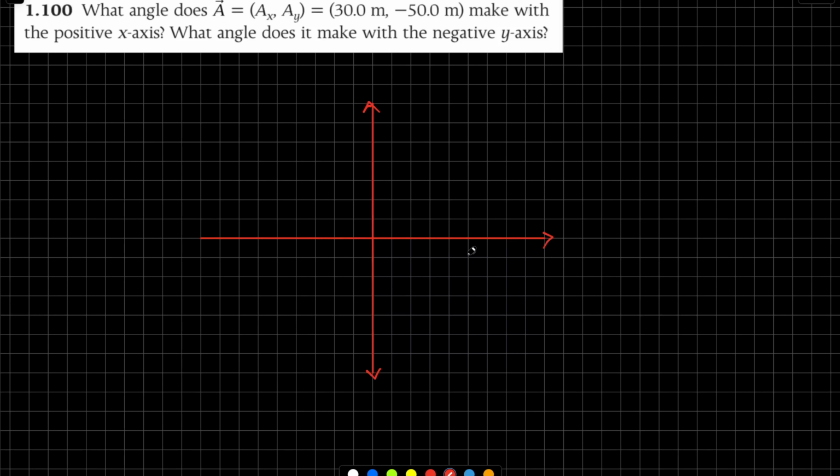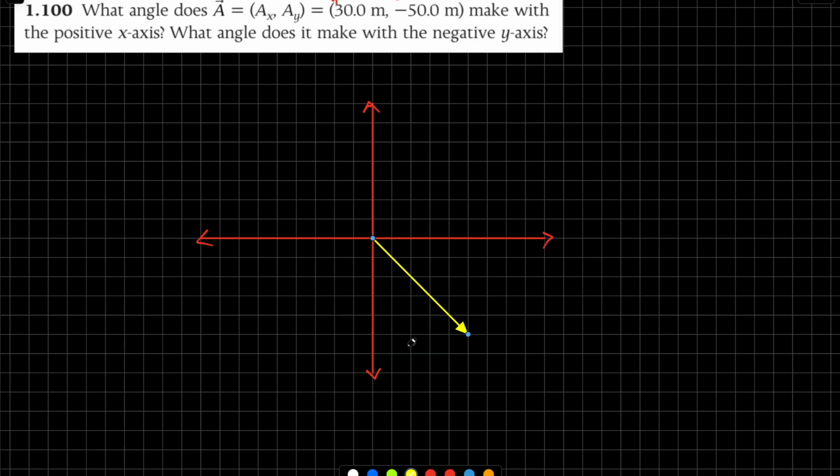In our question, the x component is positive and the y component is negative, so our vector is in the fourth quadrant. It should be here.